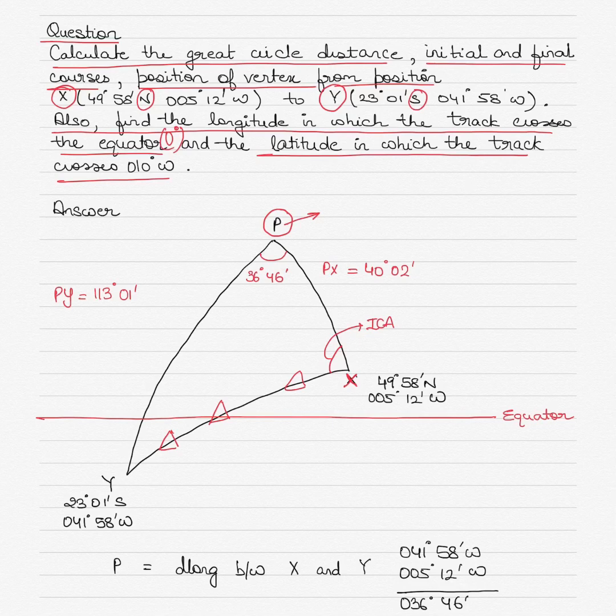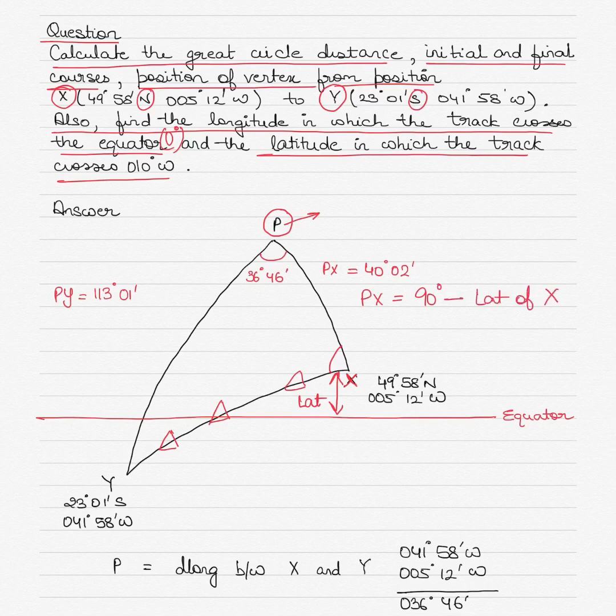Before we do that, we also have to name the sides of the triangle. I'll erase this, otherwise you guys might get a bit confused. This part is the latitude from the equator, so this is 49 degrees 58 minutes north. So px would be 90 degrees minus the latitude of x.